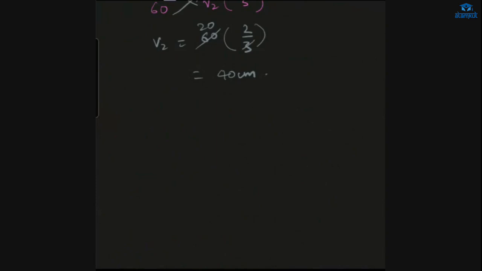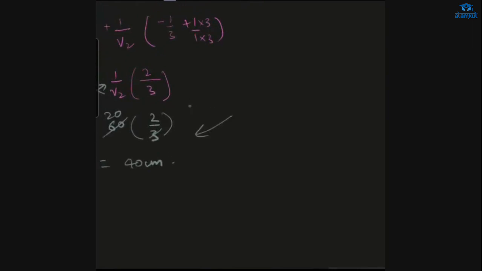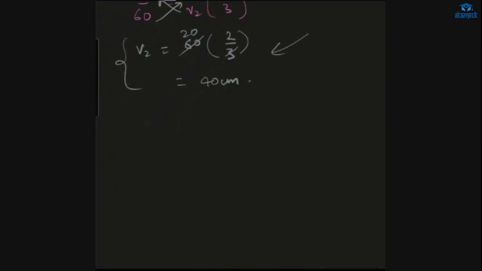But if v2 was also asked, then we would have used this way. Or since v2 is obtained, we can find u2, which is equal to minus 3v2.